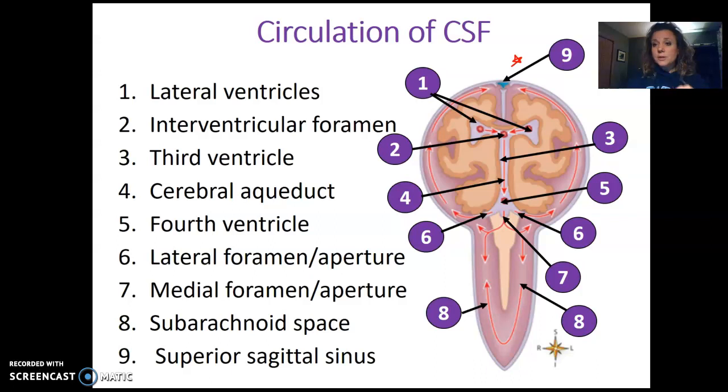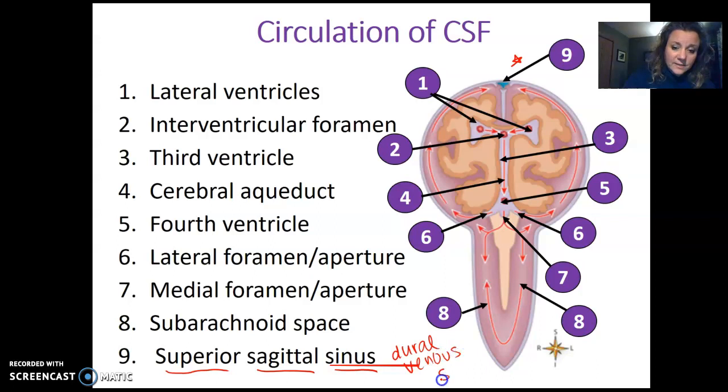However, there are three areas in the brain where there is separation of these two membranes of the dura mater, and they form what's called the dural venous sinuses. One of the dural venous sinuses is the superior sagittal sinus, and that's what we're looking at up here at number nine. And so this is one of the dural venous sinuses.